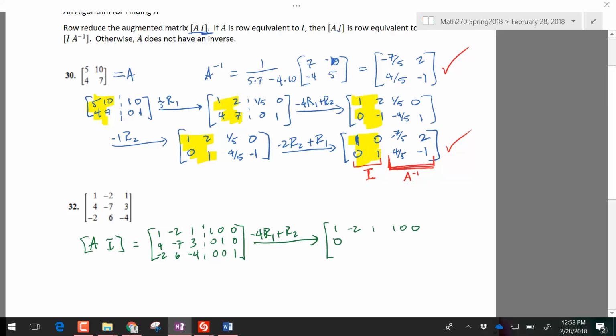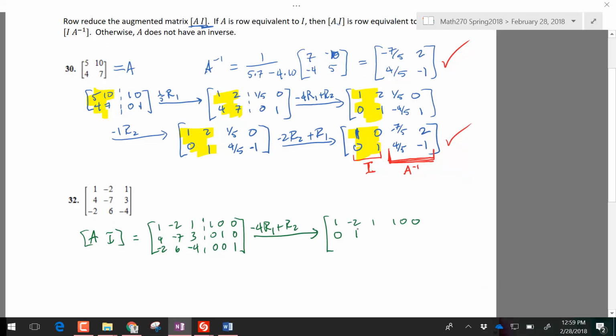Now this is going to become 0. Positive 8 minus 7 is 1. Negative 4 plus 3 is negative 1. And then we have a negative 4 here. 1, 0. And then I'll do the next step in the same step. I'll do 2 steps in one.